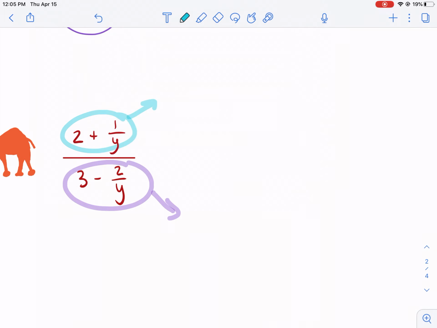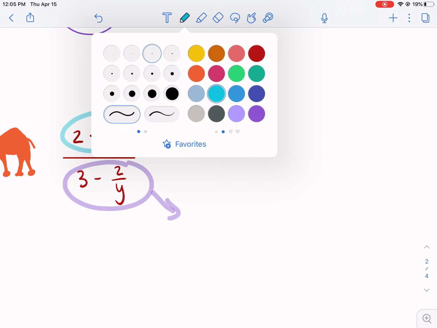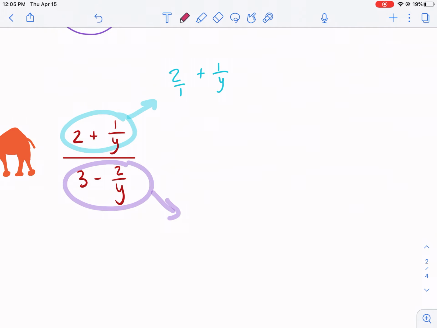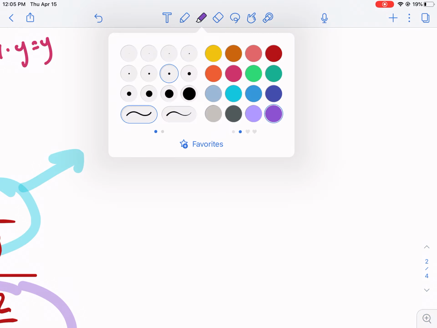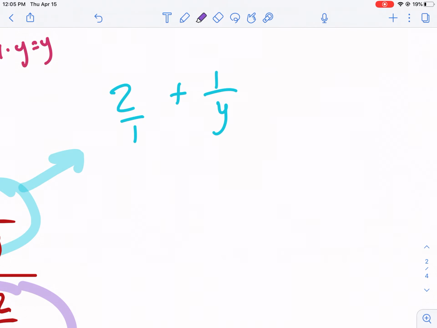The top, we're trying to add 2 plus 1 over y. One way you can always find a common denominator is to multiply the denominators. You can change 2 to be 2 over 1, and find the common denominator by multiplying 1 times y, which is just y.